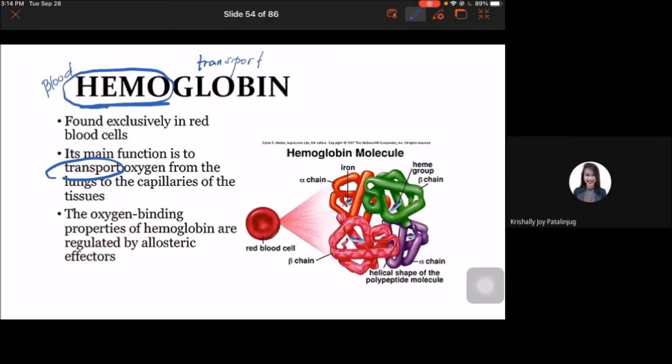Then later, we will be discussing the behavior, the characteristics of hemoglobin when it comes to transporting oxygen. Kasi when it comes to its transport mechanism, that is highly regulated by allosteric effectors. Yung oxygen binding properties ng hemoglobin, that is highly controlled by such allosteric effectors.